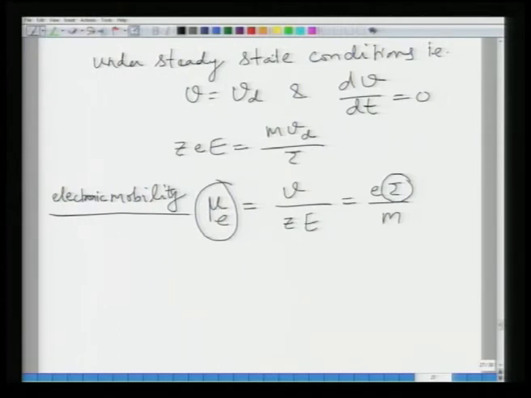So, as tau increases, mu E increases, and what does tau depend upon? Tau depends upon your scattering events. So, tau decreases as temperature increases.